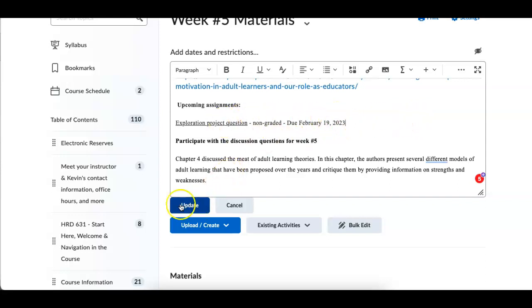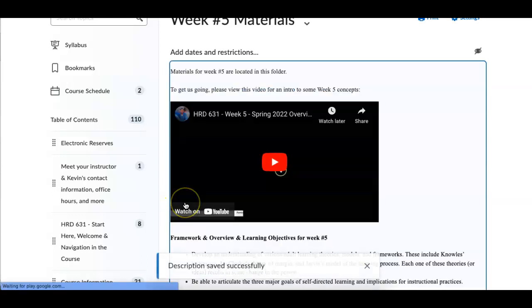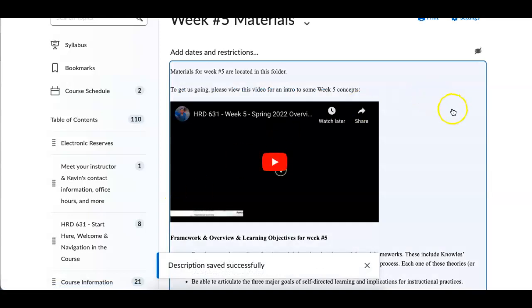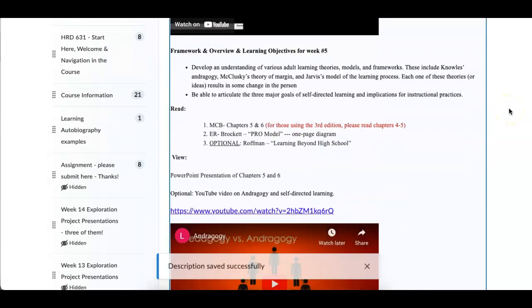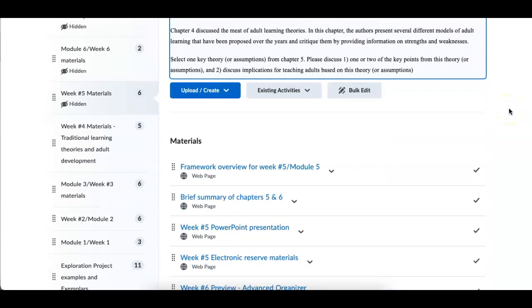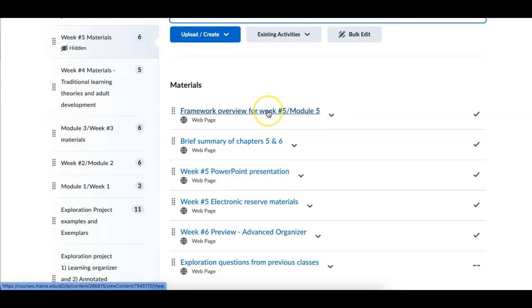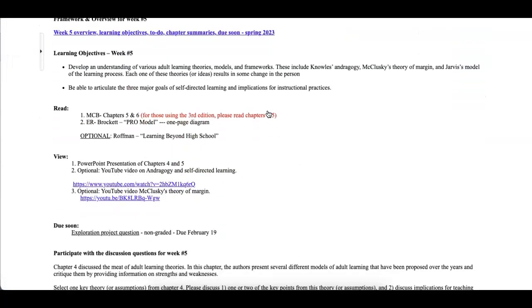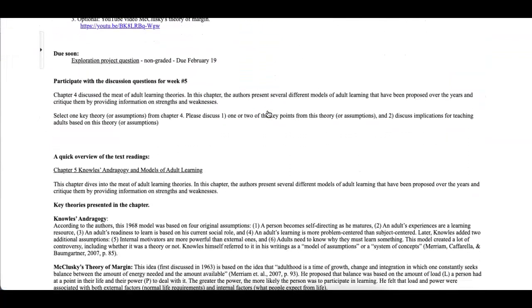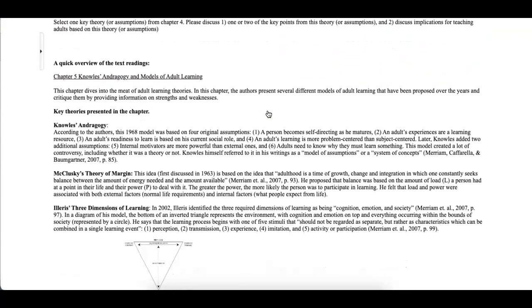So that is the assignment due. And once again, I'll show you the materials on that and where to submit. So let me go right down to the materials. This week we have the framework, and I'll click on the framework, which basically is a summary of the materials coming up.